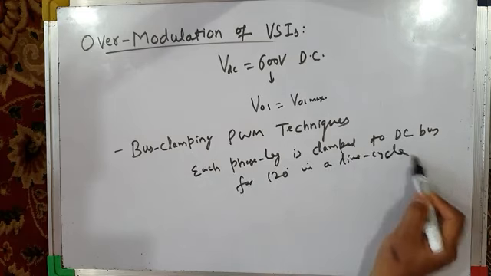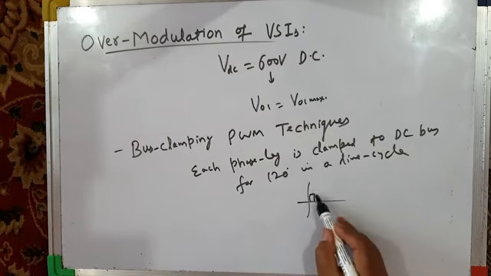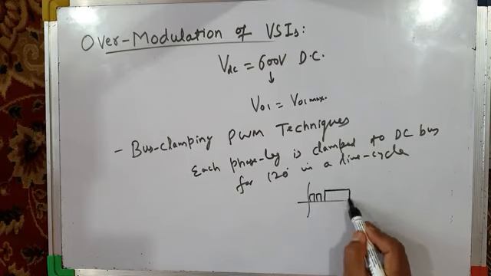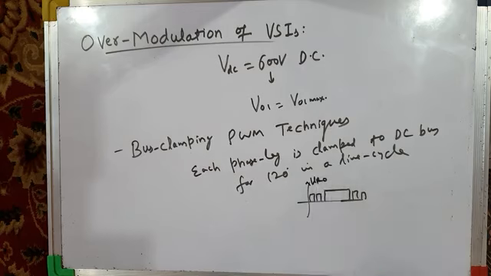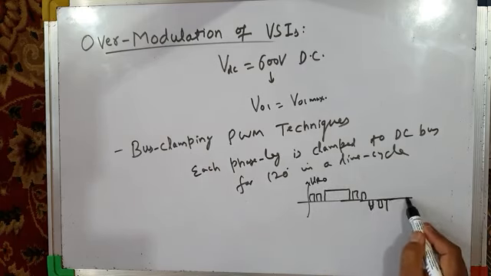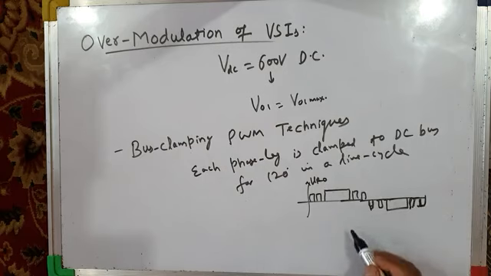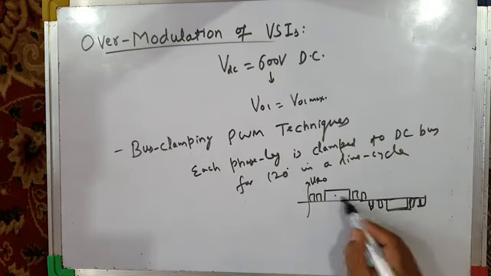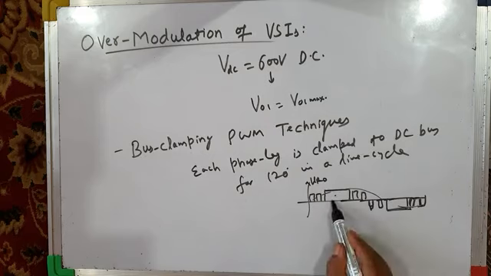When a particular phase leg is not switching, it is clamped to the positive DC bus for 60 degrees in the positive half cycle, and to the negative DC bus for 60 degrees. 60 plus 60 is 120. That means in one line cycle, the total clamping period is 120 degrees.